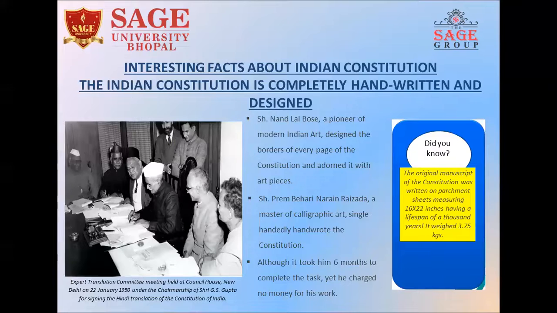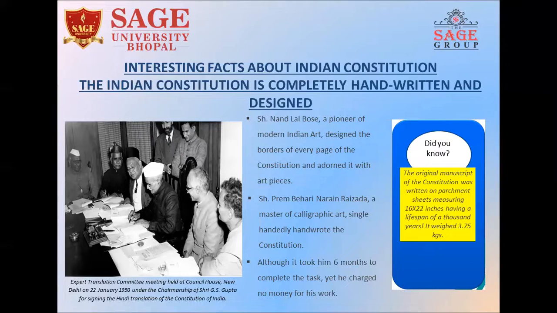Now, certain interesting facts about the Indian Constitution. Number one, the Indian Constitution is completely handwritten and was designed by these people, as we can see in this picture. Sri Nandlal Bose, a pioneer of modern Indian art, designed each and every page and the borders of the pages in the original Constitution of India.